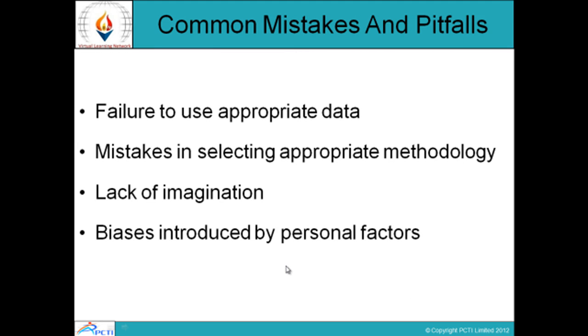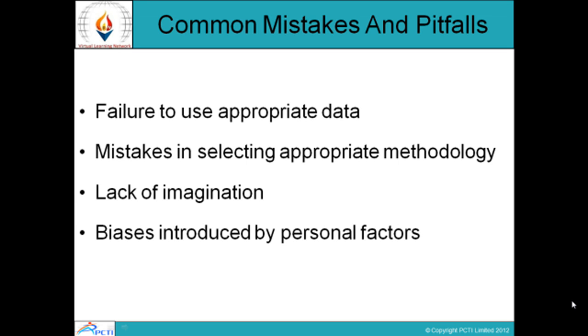Now, common mistakes and pitfalls. What are the lacking areas in technology forecasting? What are the things that create pitfalls? First is failure to use appropriate data. Whatever data is available is not appropriately used.